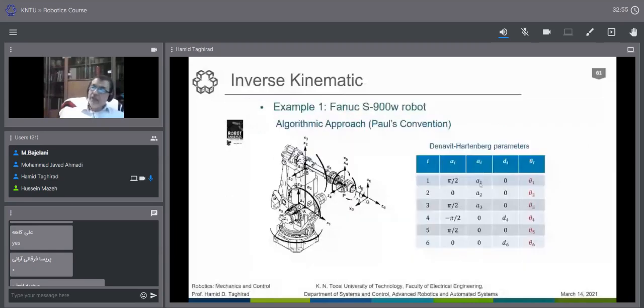And all the D3, A4 to A6 are equal to 0 because we have intersecting axes by this means. Anyways, by this means we have these 6 transformations given here, and we can give the final solution, what it is given.